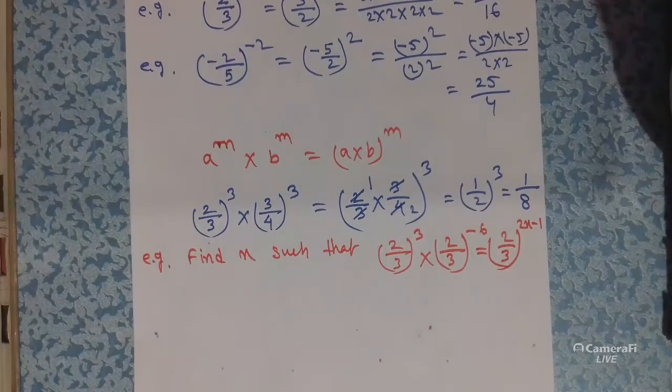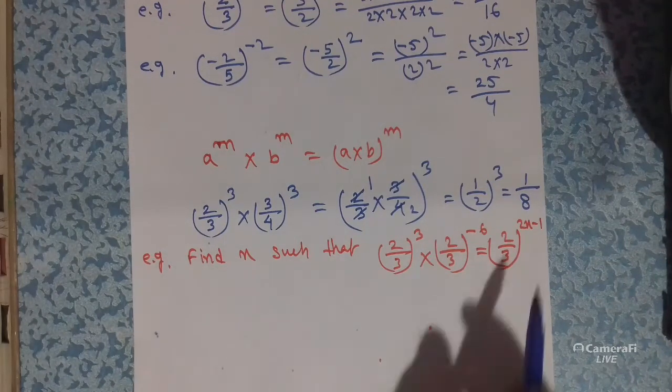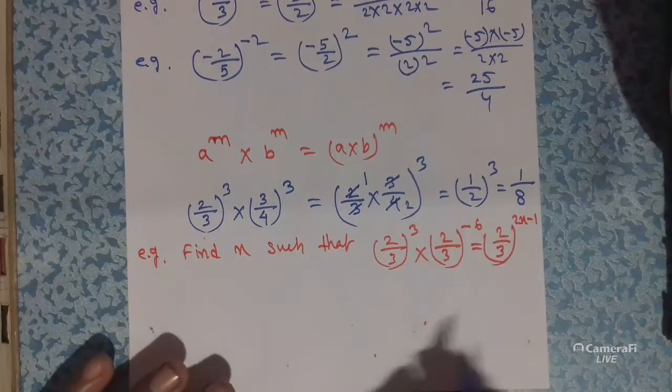Find x when (2/3) cubed multiply (2/3) to the power minus 6 is equal to (2/3) to the power 2x minus 1.